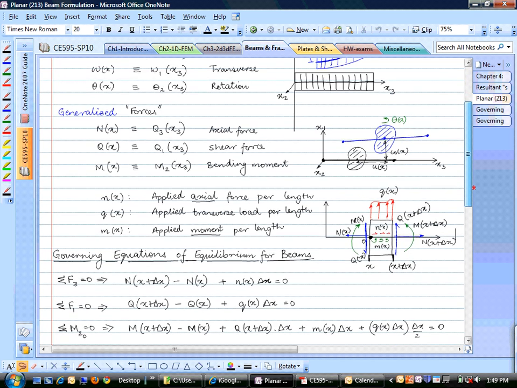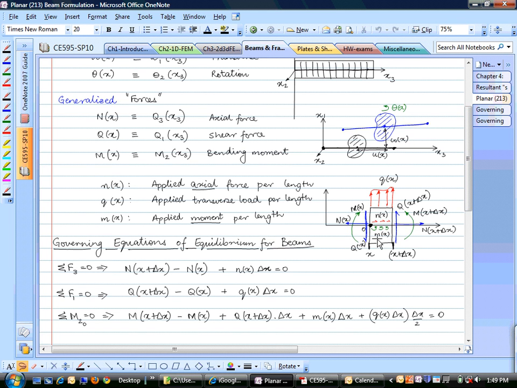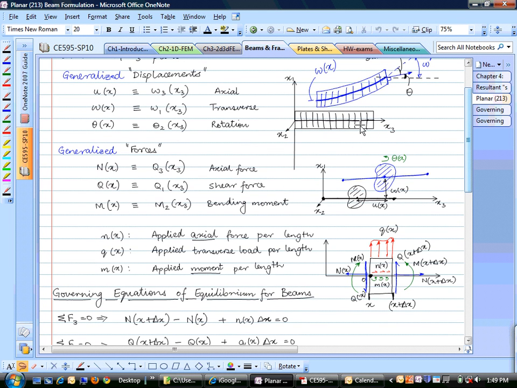Okay, so let's draw the same type of free body diagram in 2 dimensions. This is something that you should all be familiar with. You take a cross section of your beam. Actually, we should take the cross section in the deformed configuration, but since this is all small deformation, this configuration and that configuration are not that different.